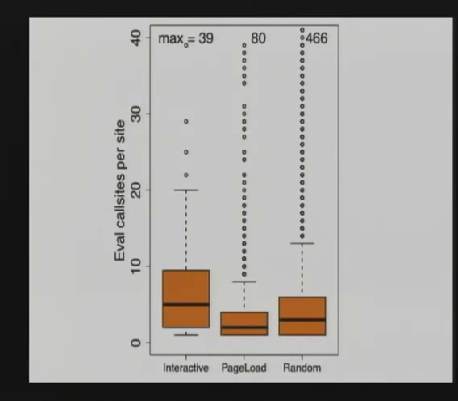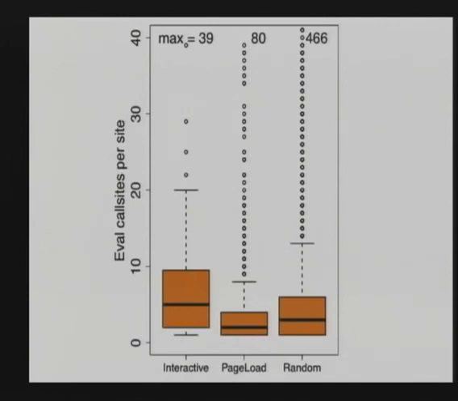In the wider data set, especially when we turn on the random function, we see that the variability of the number of evals increases, and we found a website that had over 400 uses of eval. So what does that mean? Well, it means that it all depends on your programming style, and some people are very careless about that.